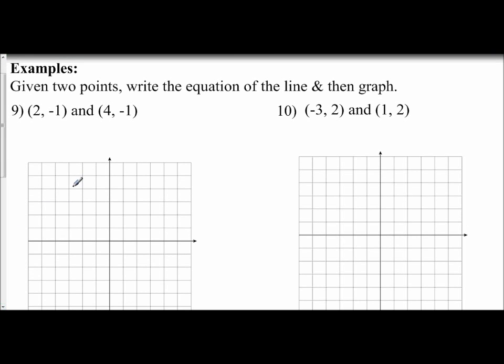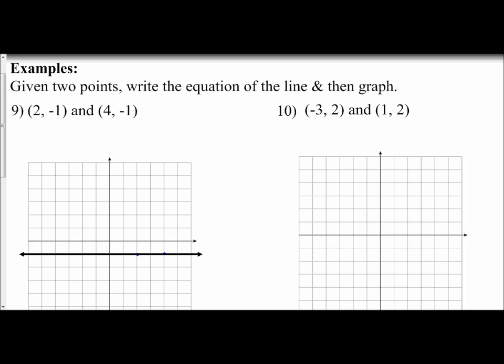So if I'm given 2 points, and for this example, I'm given the points (2, -1) and (4, -1), I can see by plotting them that I do in fact get a horizontal line. But how can I see that through the coordinates themselves?